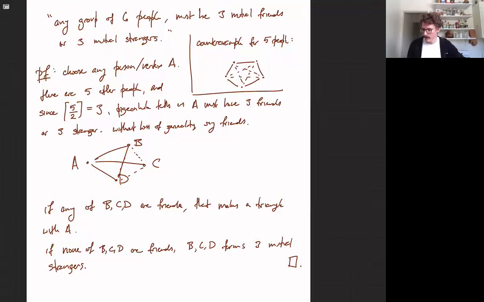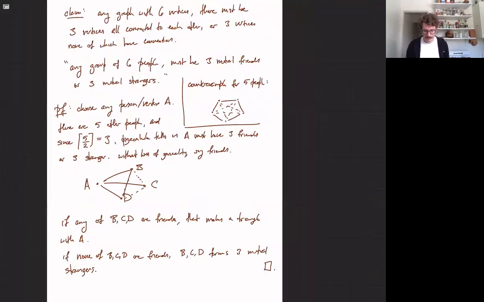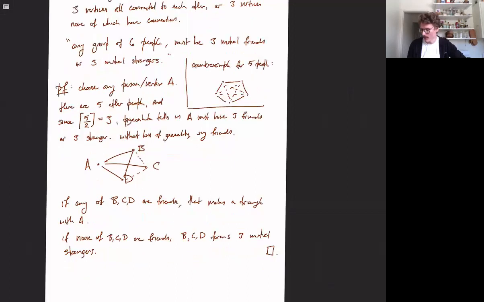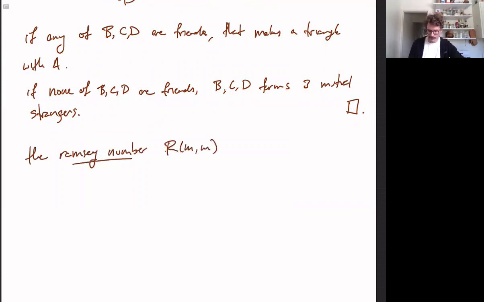So this is a nice little example of using the more general pigeonhole principle. And it's also a very nice example of some curious mathematics. So let me say a couple more words about this, just for your general education. The Ramsey number R(M,M) is the smallest number of people required to do this with M friends or M strangers.